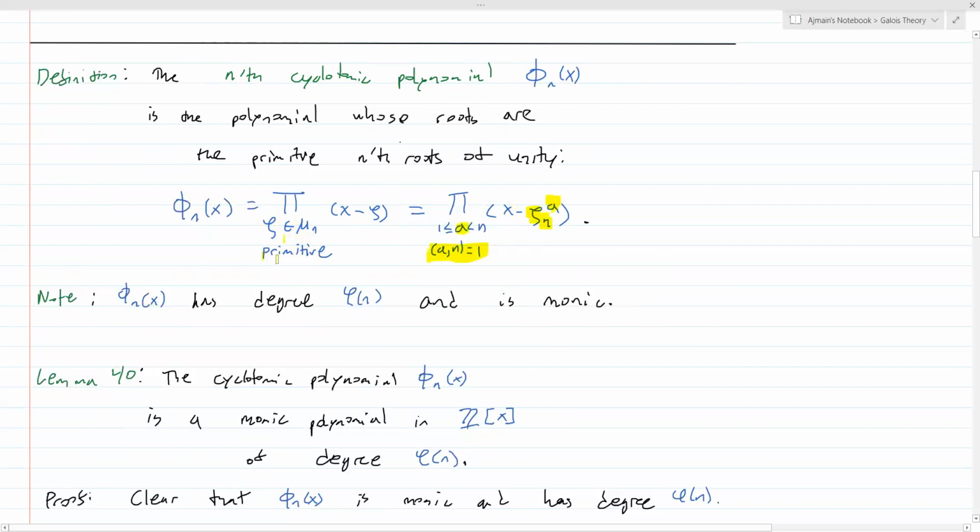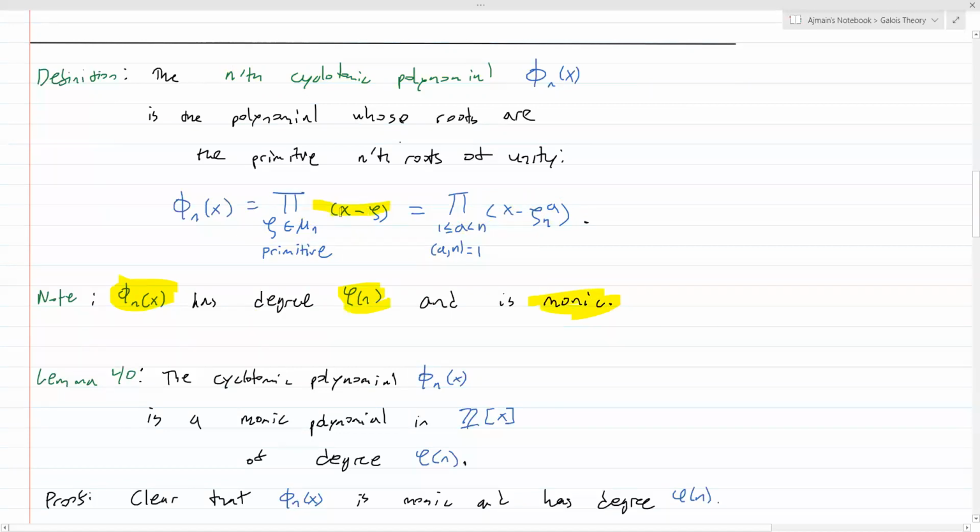Because the primitive nth roots of unity are just the powers of a fixed primitive nth root of unity, where you're taking powers that are relatively prime to n. So this nth cyclotomic polynomial has degree phi of n and is monic.